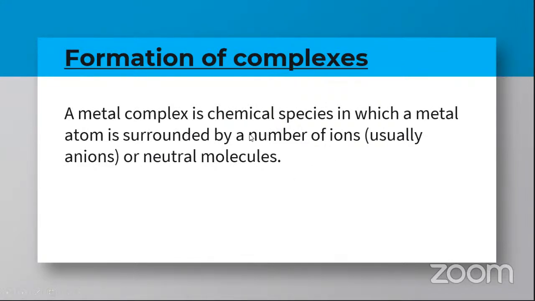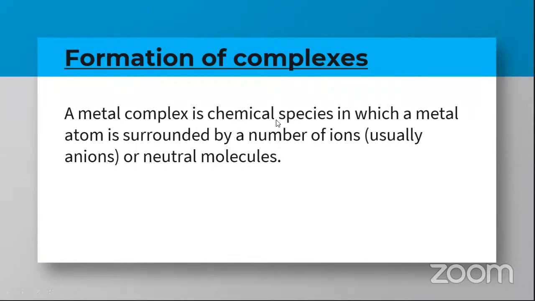So what do we call this number of ions or neutral molecules surrounding the metal complex? What do you think would be the general name? The general name of these ions or molecules surrounding the metal atom is what we call the ligands.